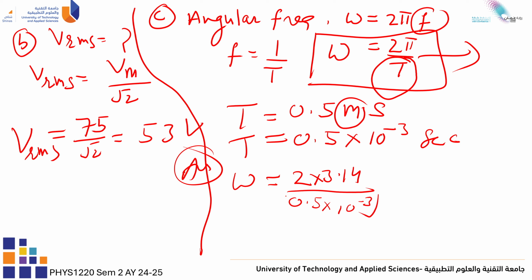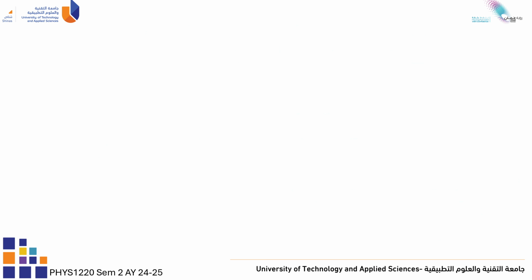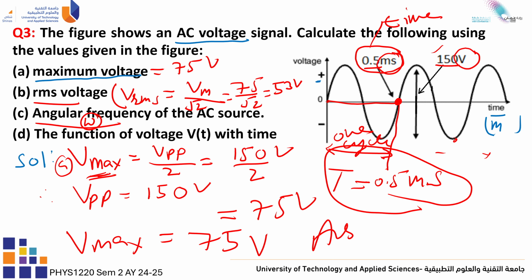Keep it in the bracket, and when you find the value of this, it will come a little bigger number, around 12,560. What is the unit of this angular frequency? The unit of this angular frequency is radian over second. So this is the answer for part third.